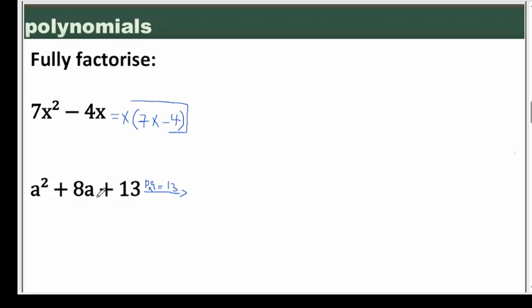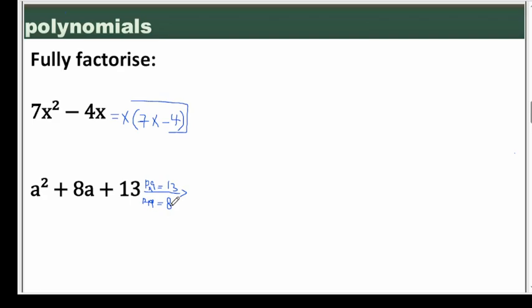And if I add them up, P plus Q gives me the coefficient of a, 8. If I want to guess two numbers that multiply to 13 and add up to 8, I can't find any integer numbers. So guessing two numbers that aren't integers is so hard.